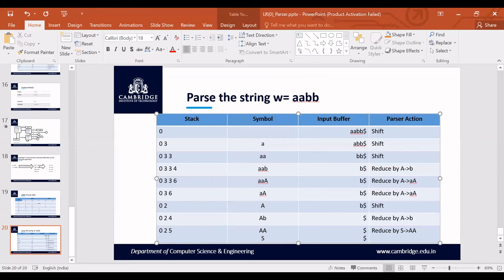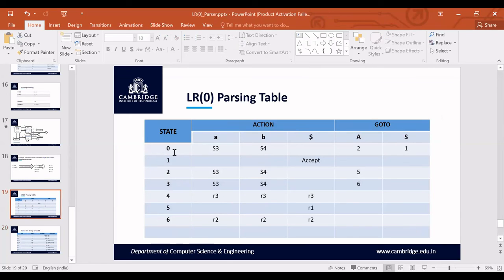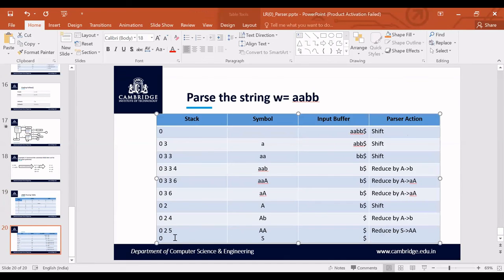and still I am left with 0. Now take a transition of 0, the state on the stack top, with the newly reduced symbol. Which is the newly reduced symbol? S. So 0 on S. Check what is 0 on S. 0 on S is 1. Push that state 1 onto the stack top.